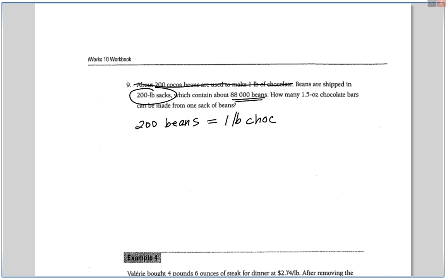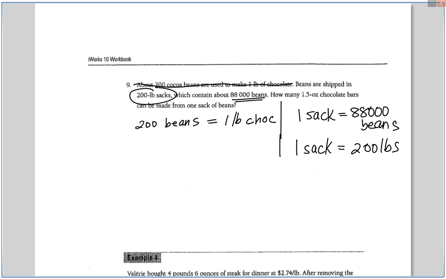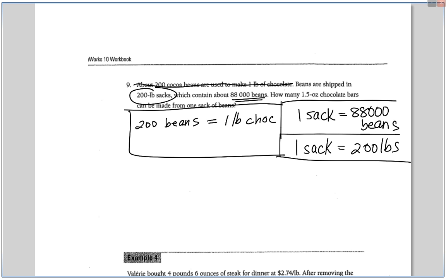Okay, so let's maybe just jot that down over here. 1 sack equals 88,000 beans, and also 1 sack equals 200 pounds. So I'm just jotting down what I know. I'm not exactly sure what I need to do. Okay, that's dealt with.